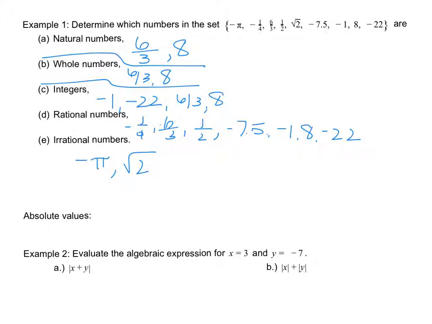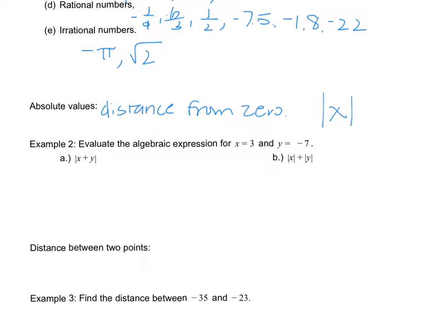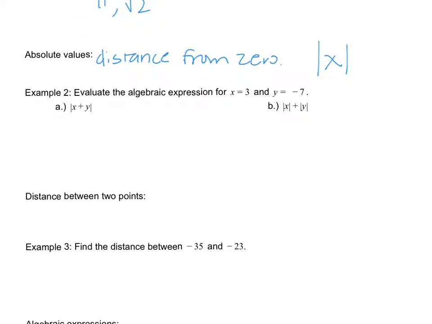Okay? Now we mentioned in class that absolute values measure distance from 0 on a number line. And so the absolute value symbol, of course, is those 2 bars. And because we're measuring a distance from 0 on a number line, our answers are always going to be positive values. So if we look at these examples where we're trying to evaluate, we're going to replace x and y with the values we were given and then apply our absolute values.